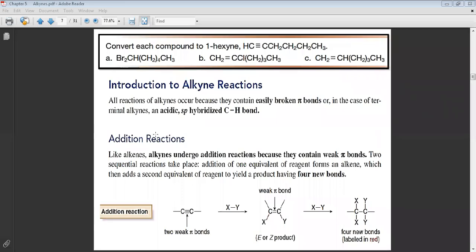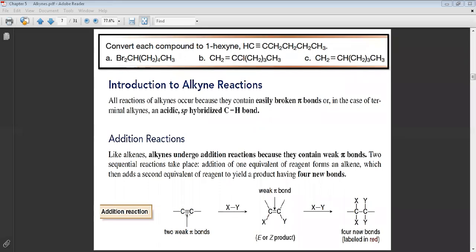Like alkenes, which we talked about before, alkynes can also undergo addition reactions because they contain weak pi bonds. But here we have two pi bonds.